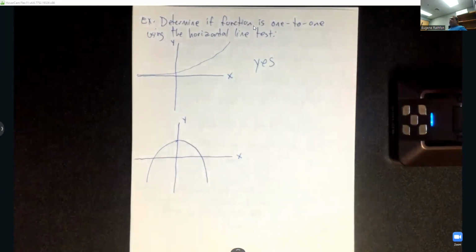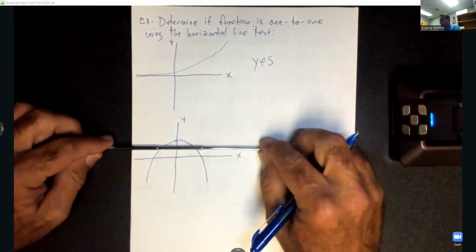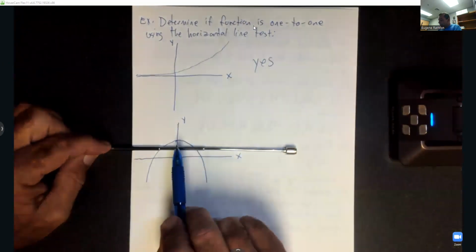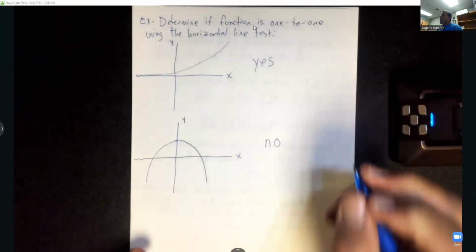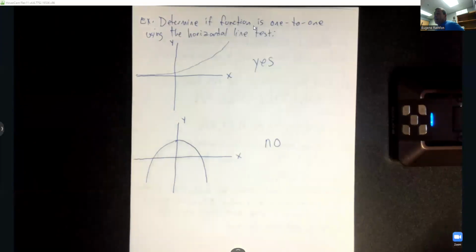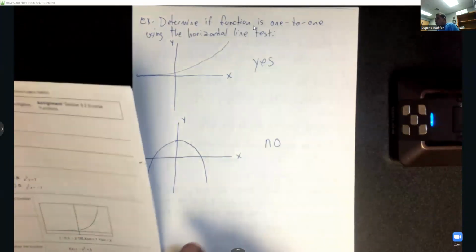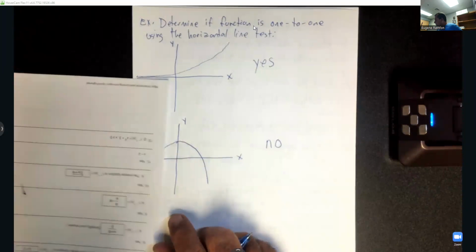So I ask y'all this, is that function one-to-one? Oh, good job. No, because if I run my horizontal line on it, it's intersected it on both sides. So y'all, good job. Now, let me ask you this. What if I restricted the domain?